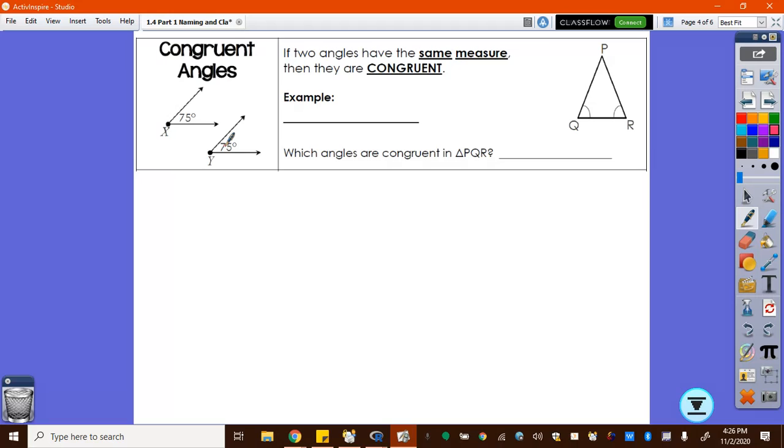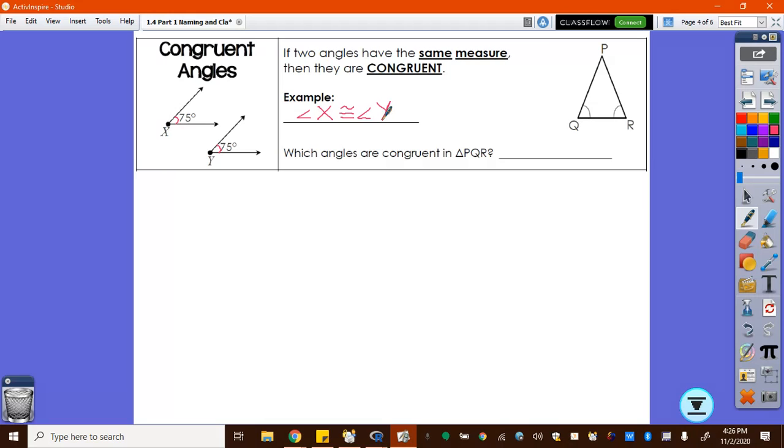The way that we mark angles as congruent is with what are called arc marks. I'm going to put one arc mark in each of these angles because they have the same measure. So angle X is congruent to angle Y because they have the same measure.